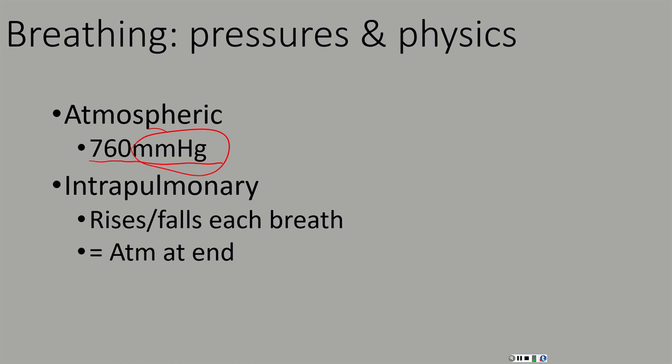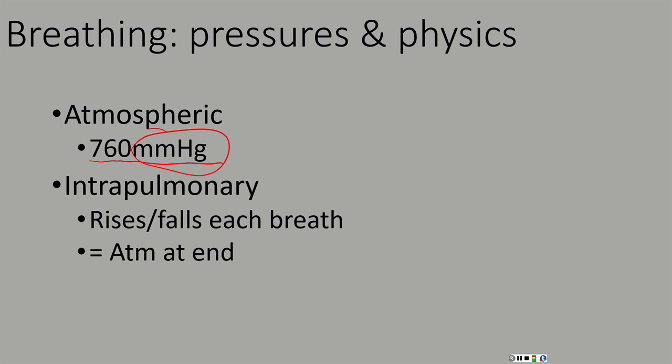But even though it's rising and falling with each breath, at the end of every inhale, and again at the end of every exhale, intrapulmonary pressure is equal to atmospheric pressure.